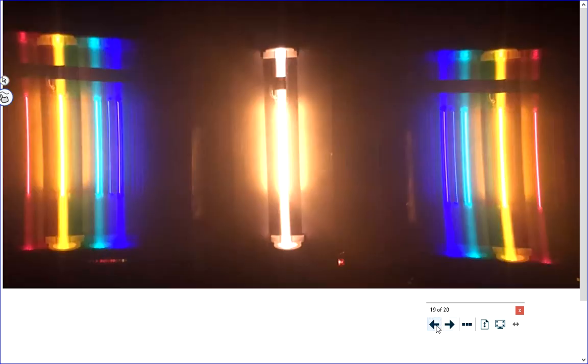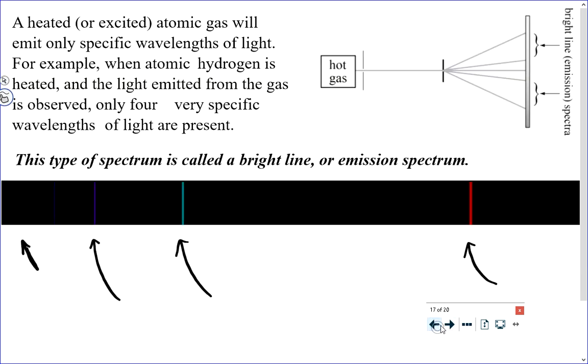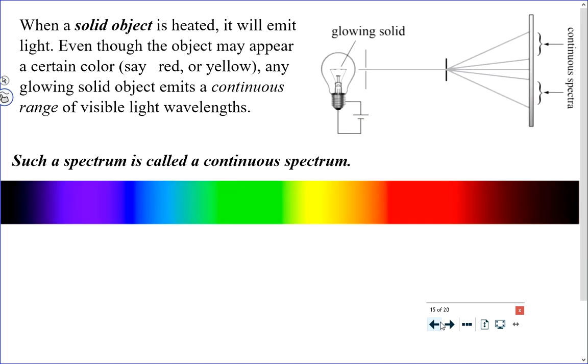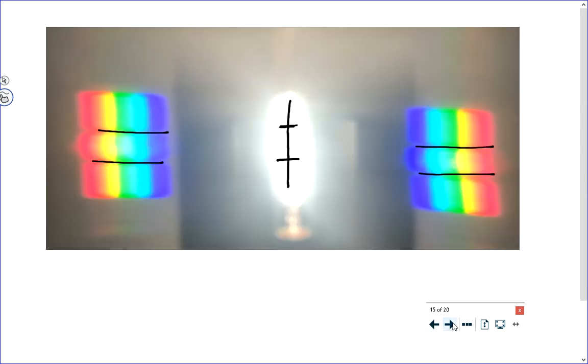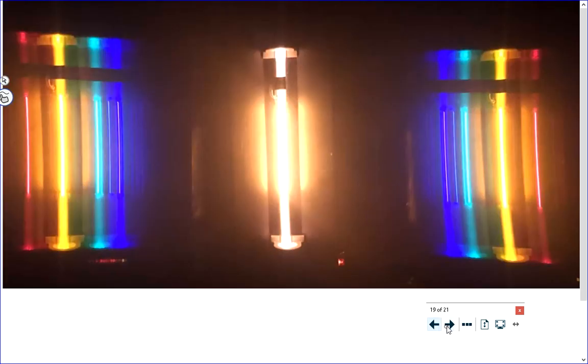If I go back and take a look at that glowing solid, it produced this spectrum. So this light bulb is producing every wavelength of visible light, everything from 400 nanometers to 700 nanometers.